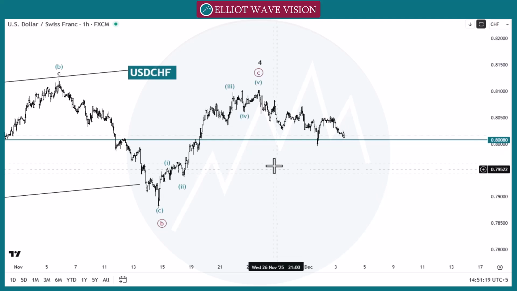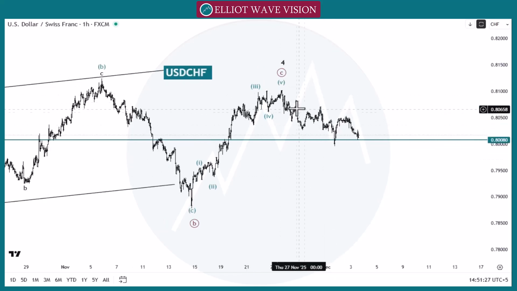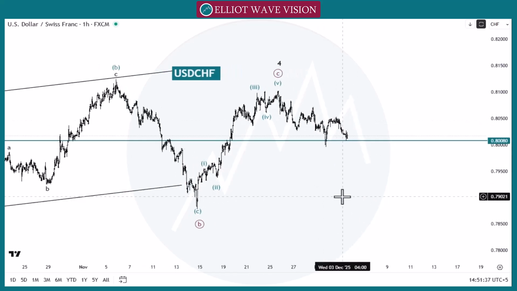Or now we count this move like wave 1, wave 2, wave 1, wave 2. But now this structure looks more like the corrective pattern or the leading diagonal as a wave 1, 2, 3, 4 and 5. So how we go towards the bearish side, market give us the arrival, a reaction.